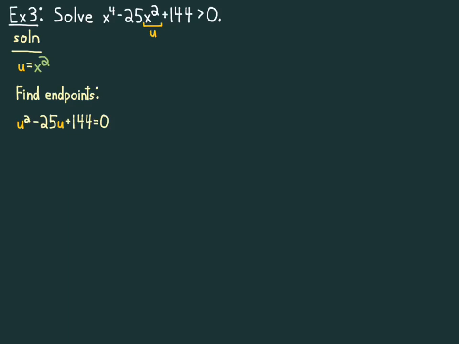If that factors, which I hope it does, I don't like to use the quadratic formula for numbers that are 3 digits. But if that factors, the factors would both have to be negative. Factors of 144 both have to be negative, and they add up to 25.